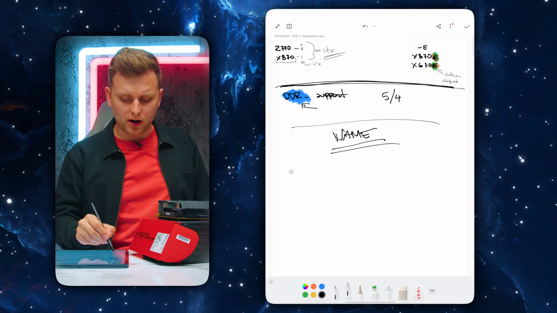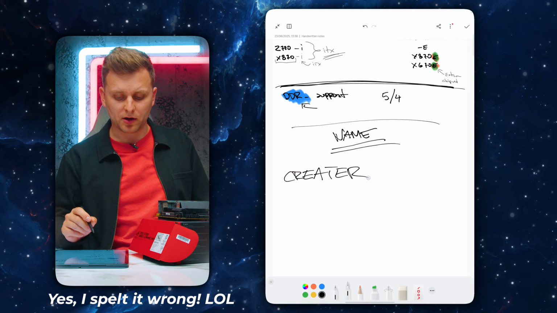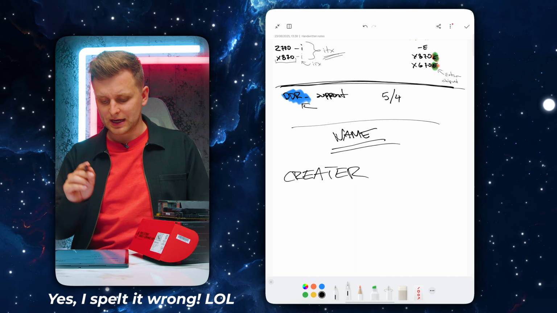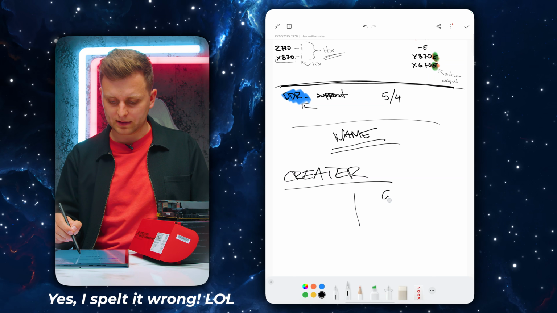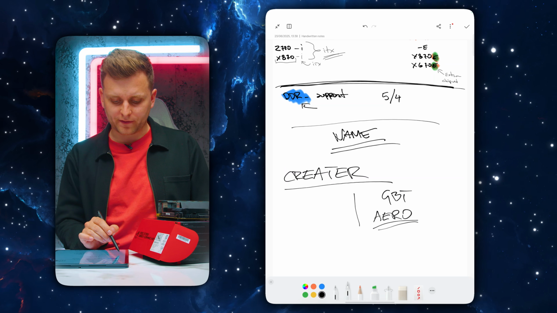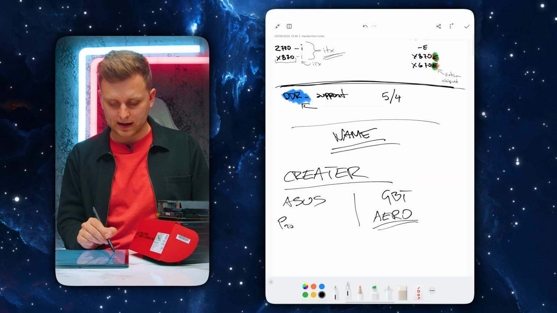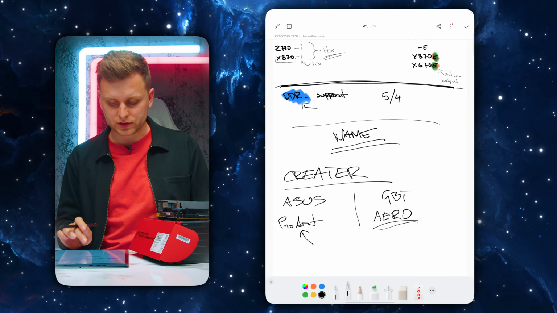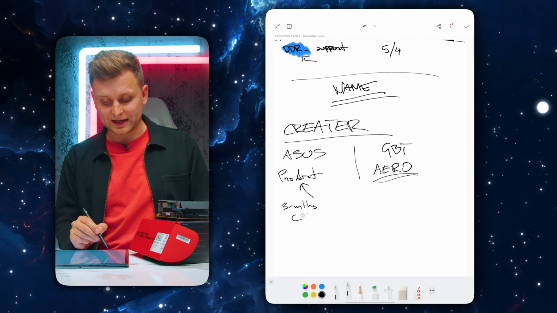Now, if you are a creator, I highly recommend checking out different creator motherboards from different manufacturers. Right now, there are only 2. One from Gigabyte, which is called the Aero line, and one from Asus, which is called the ProArt line. When you go with a ProArt from Asus, you already get 3 months free of Adobe Creative Cloud.